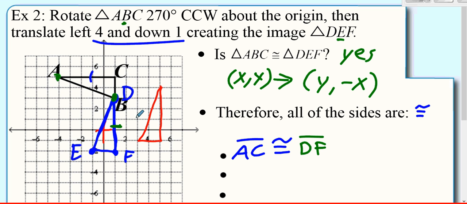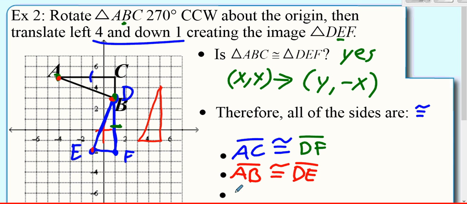And then we got the other side, AB. A to B. A we know matched up with D. So since A was our first letter, D is the first letter. And then B, that was corresponding with letter E down here. So since we wrote B, now we got to write E. And then the third side, BC would be the third side.